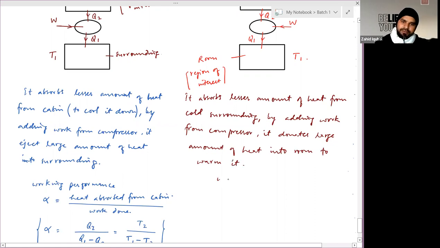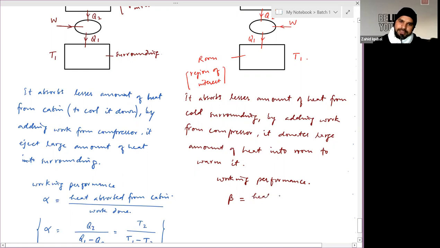So if you have to calculate the working performance for the heat pump, denoted by beta, its working is to donate heat into the room to warm it, relative to the total amount of work done by the compressor.